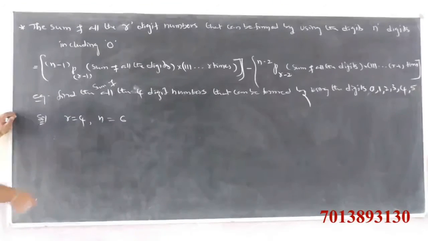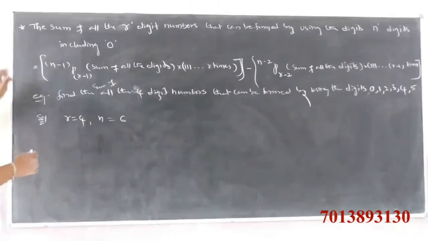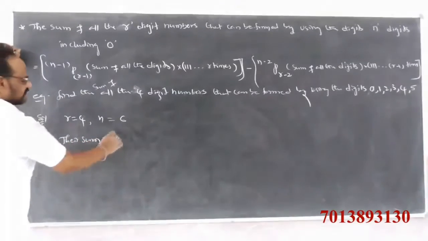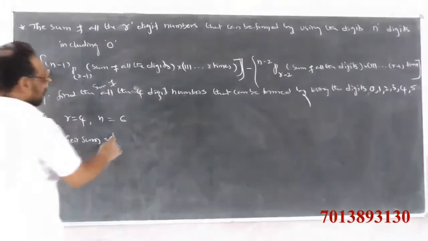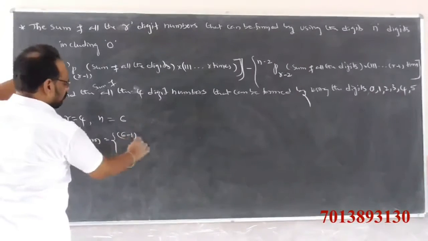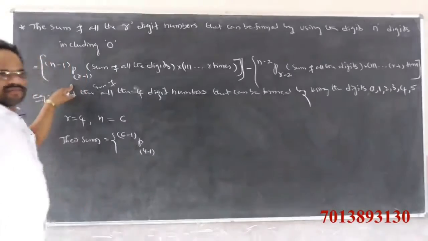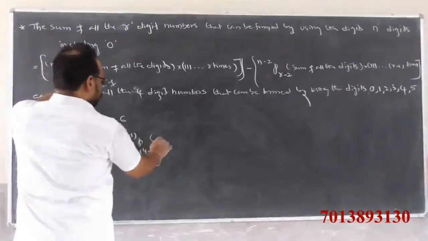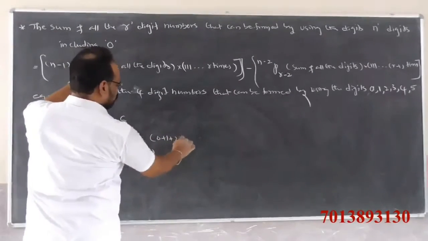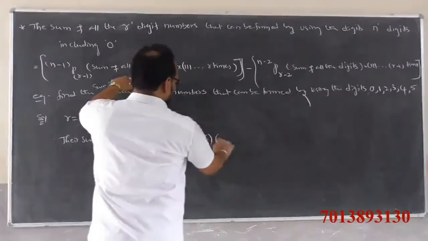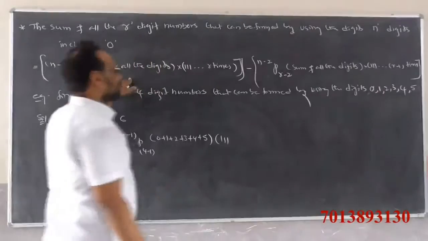Therefore, the sum of all the permutations is equal to, substituting here, (6−1)P(4−1), the sum of all the digits, that is 0+1+2+3+4+5, into 1 into 1 into 1 up to r times.